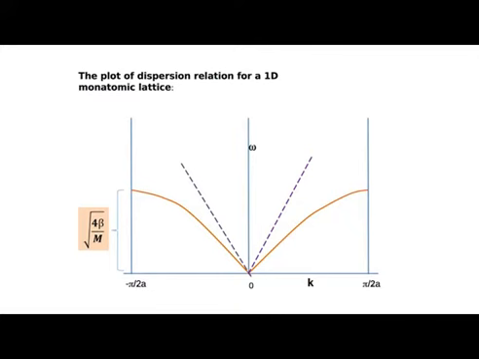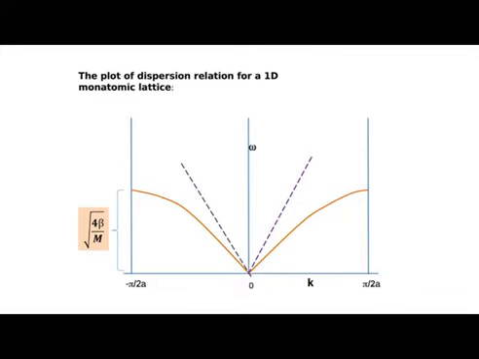In this dispersion plot, as you can see in the image, the y axis has omega, the frequency, and the x axis has k, which is from minus pi by a to plus pi by a, because these are the Brillouin zone limits.